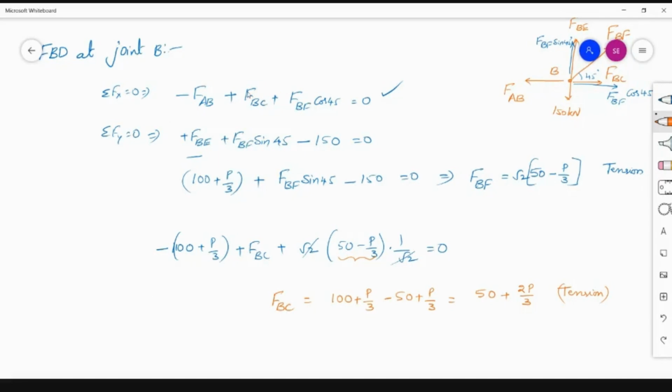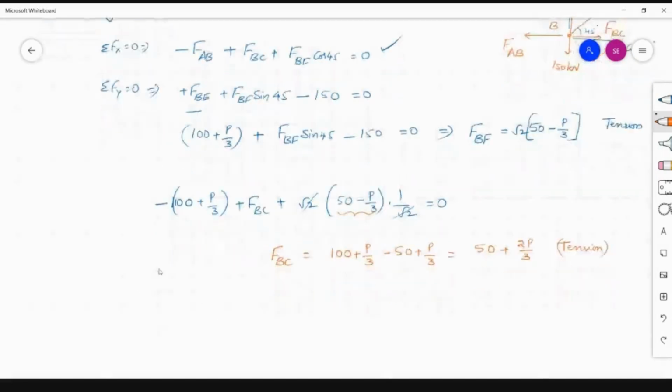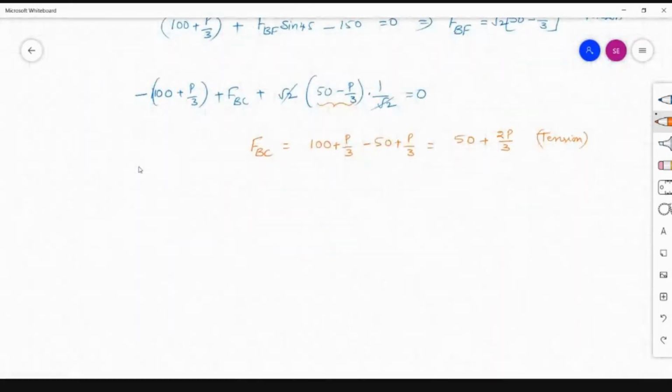Now, after writing this free body diagram at joint B, we will move to the free body diagram at joint D. Remember, in this method of joints, whenever the number of unknowns is less than or equal to 2, there only we will consider the joint. And there the free body diagram is written. At joint D here, reaction force RD is there, force in CD, force in DF, and this is 45.